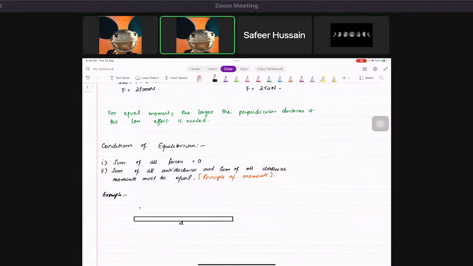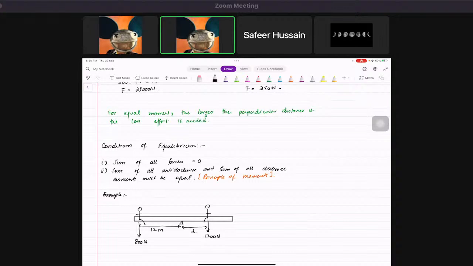There's one person sitting on this side, the other person is sitting on this side. This distance is 12 meters. The weight of this person is 800 newtons. The weight of this person is 1200 newtons, and we are interested to find this distance t, right?